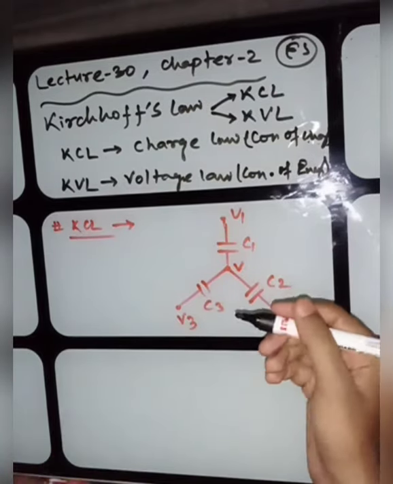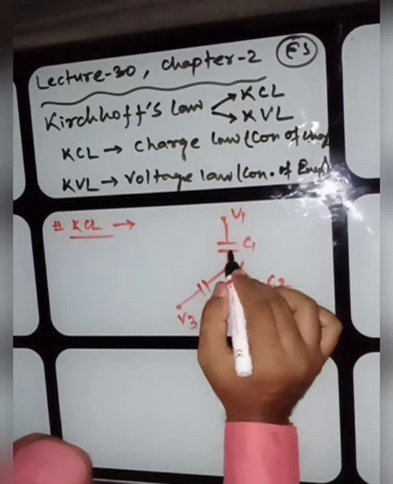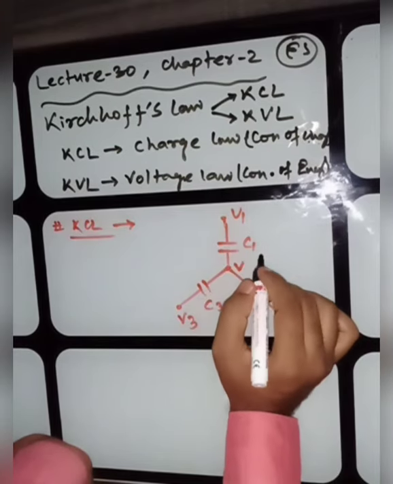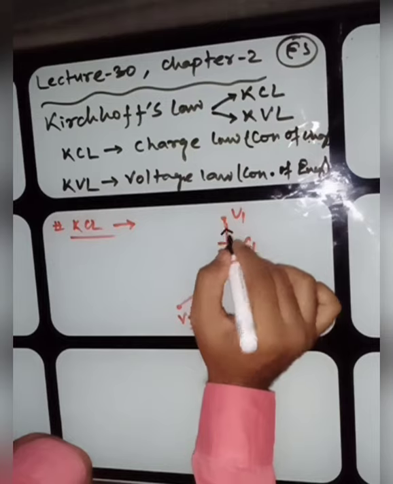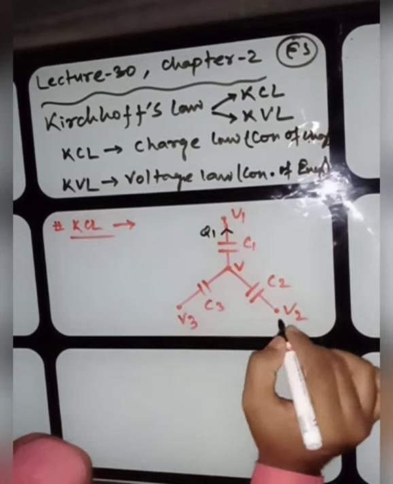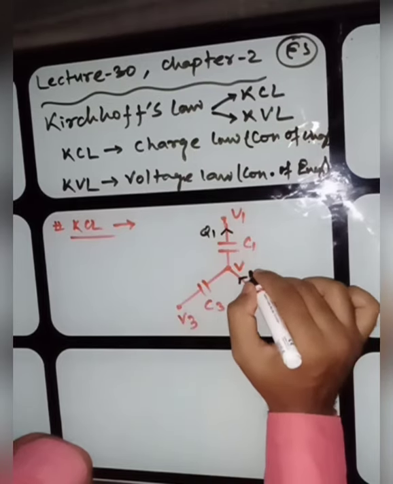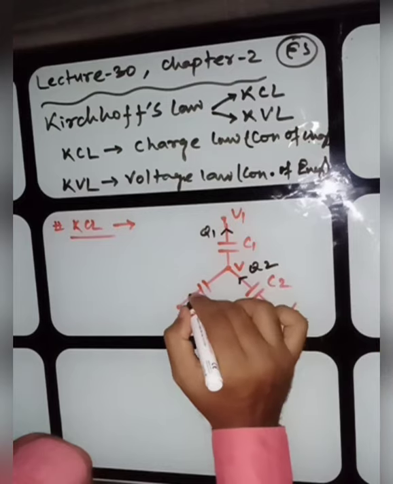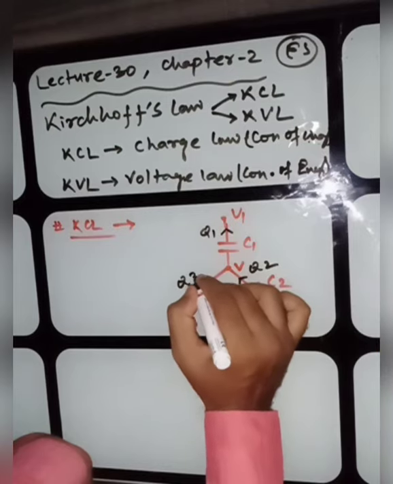Whether the charge will come to this capacitor or will go from this capacitor totally depends on the potential difference. Suppose the charge is going Q1, charge is coming Q2, charge is also coming Q3.